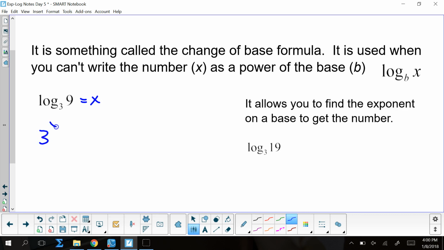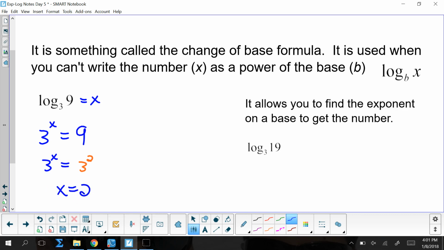So 3 to the x power is equal to 9, and 9 is 3 squared. So this is 3 to the x power equals 3 squared, so x has to equal 2. So this bad boy is equal to 2.